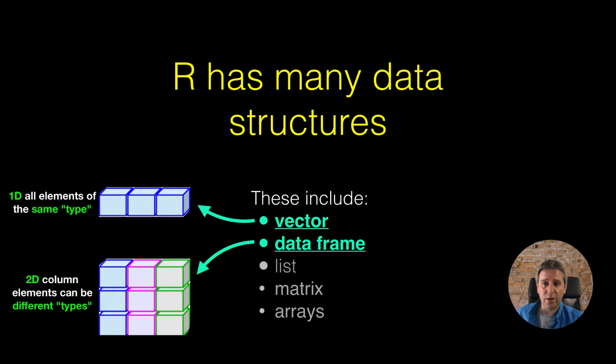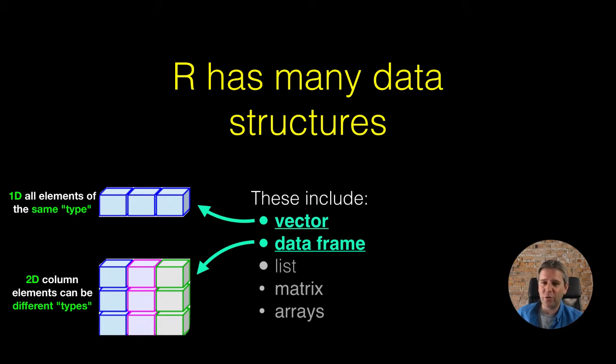These vectors are one-dimensional containers for data. They all have to be the same type. Remember that if you put numbers in with names like Chandra, it made them all characters. If you put characters in with numbers, they'll always go to characters, right?